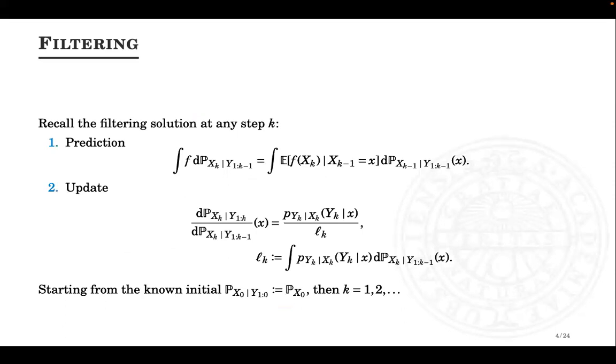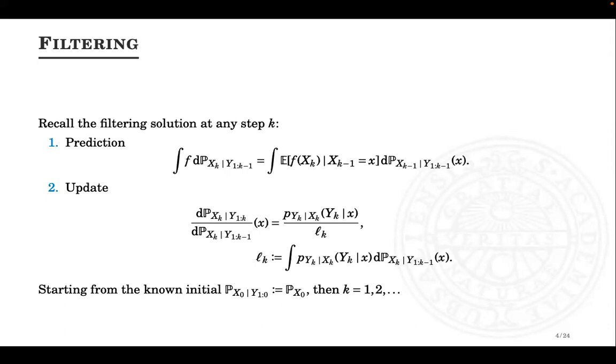The computation of moments is very easy. We just need to recall the basic equations of the filter. For any discrete time filter, we can always decompose the filter into two steps: prediction and update. For the prediction step, suppose we know the distribution in the previous time step, the previous filtering distribution. Then you make a prediction through your Markovian kernel, which is the dynamic state space model, to compute the so-called predictive measure.